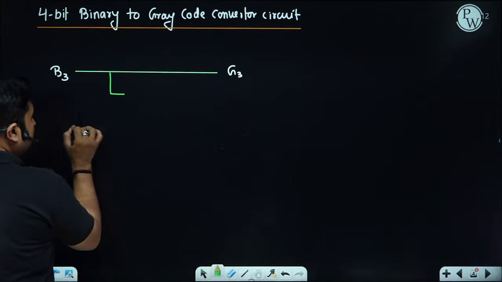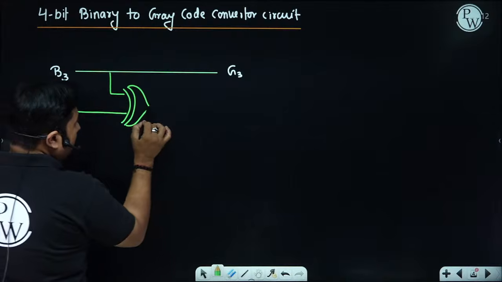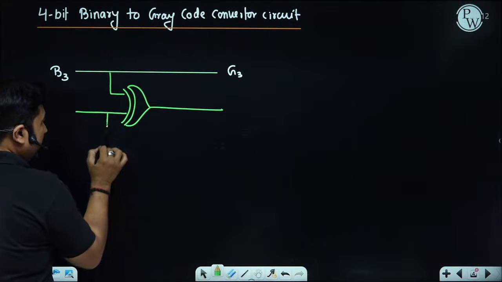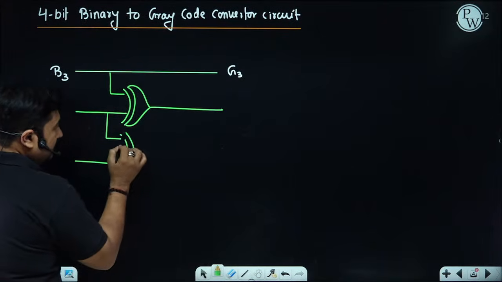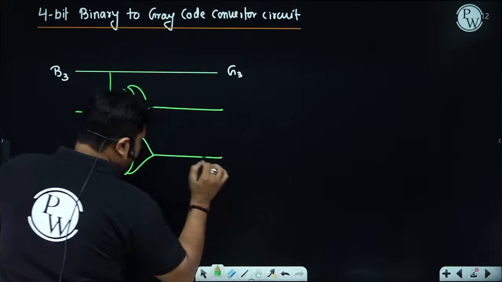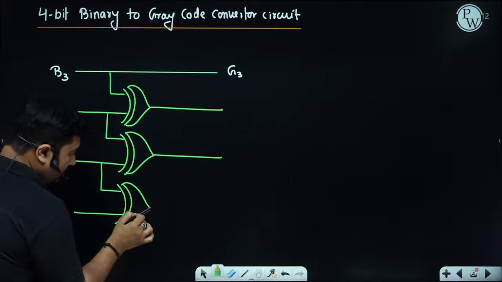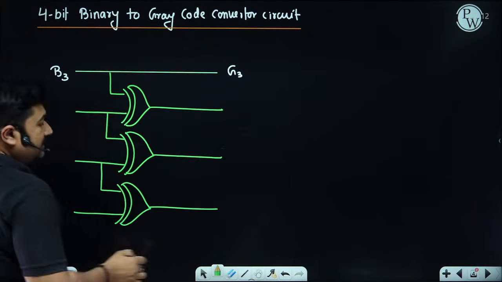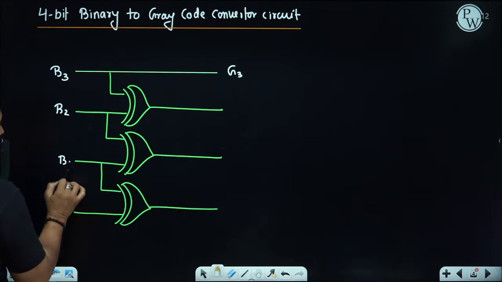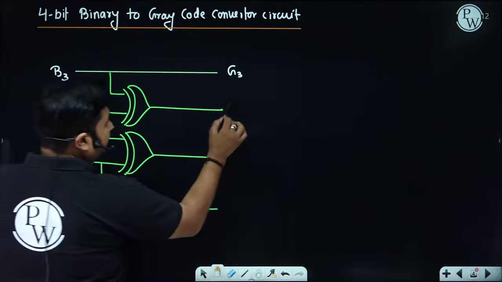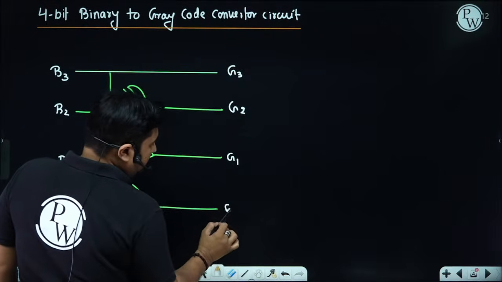Then the next significant bits are going to be XORed to get the next significant bits of the Gray code, and the process goes on till the least significant bit. So we have B3, B2, B1 and B0. In the same way we have G3, G2, G1, G0.